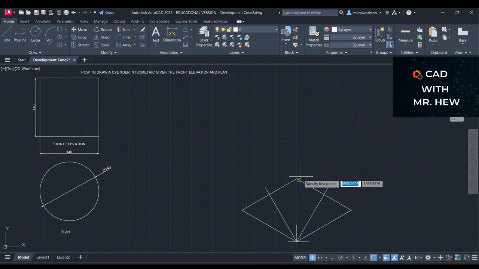We want a line going down at 60 degrees to the horizontal from this point going towards the right of the vertical starting line. So we're going to go there. There's our line.